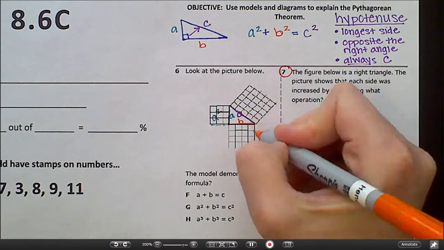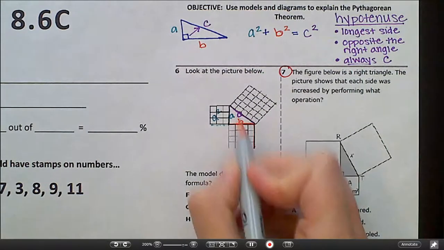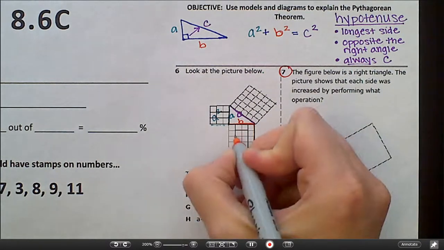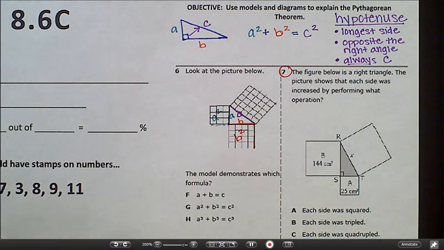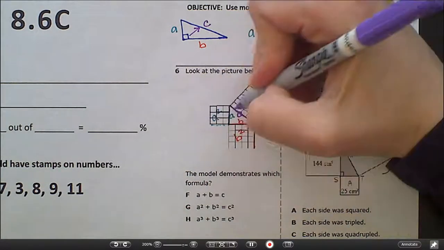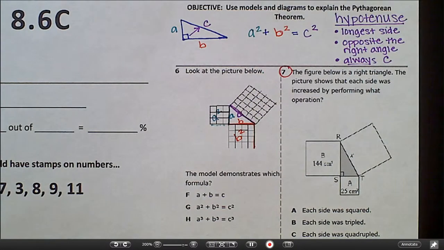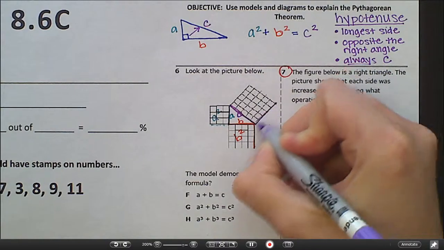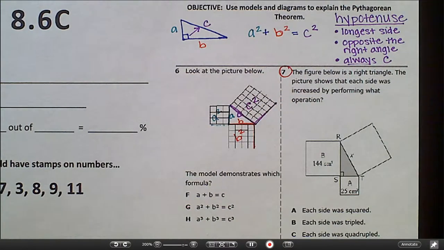If I make a 4 by 4 square, then 4 squared, or B squared, is 16. And the same thing works for C. C is 5 units long, and 5 squared, or C squared, is 25.